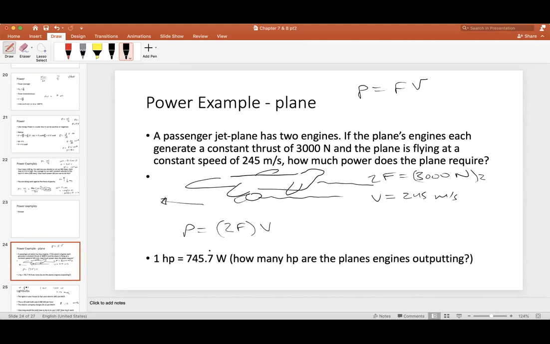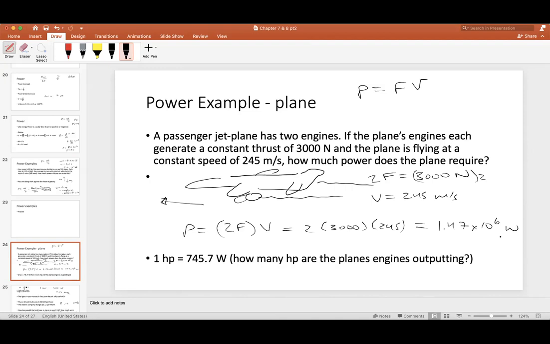Therefore, this power would be negative. It would be the power output. And we get 2 times 3,000 times 245. And that will give us watts. That's 490 times 3,000, which is 1.47 times 10 to the 6 watts.